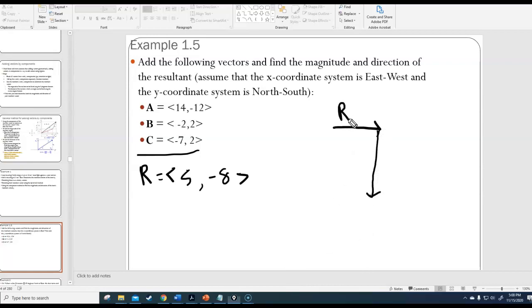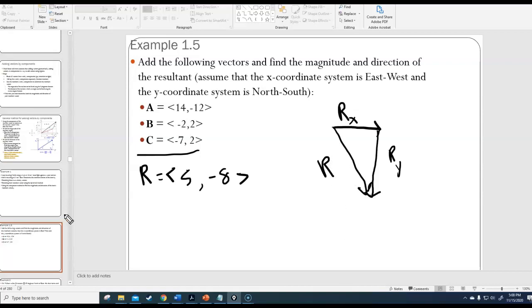So this is Rx, this is Ry, and if I want to reconstruct the entire resultant vector, that is R, that would be this way. I tried to do a dotted line and it didn't work. Okay, so the resultant would be like that. So this is R.